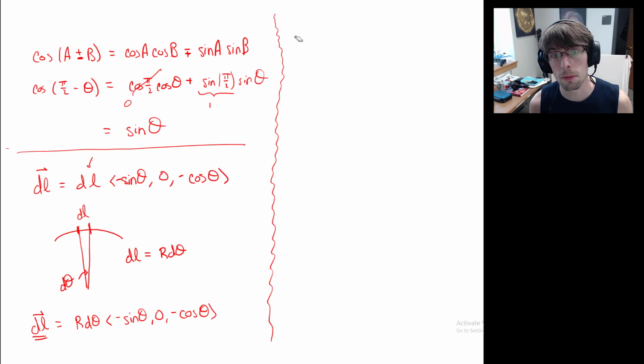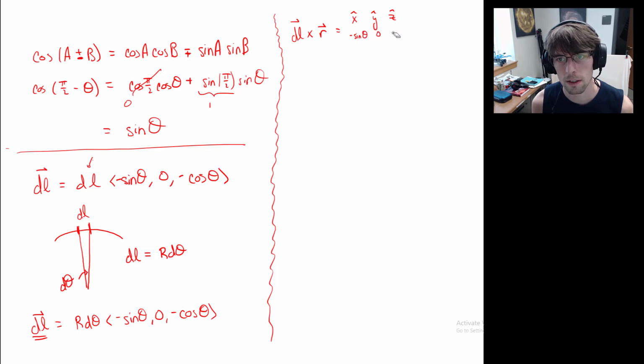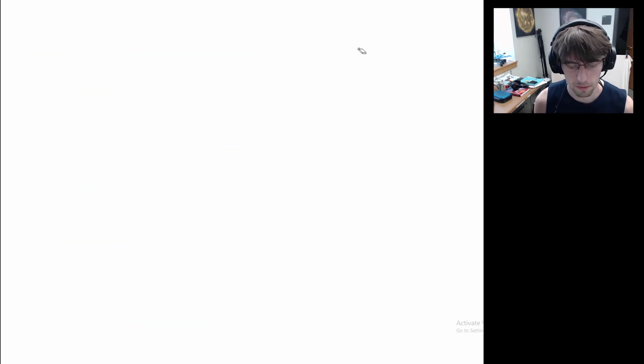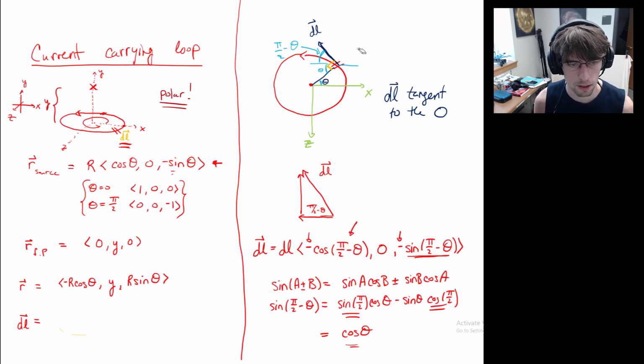Well, shoot, now we should probably do something like DL cross R. Let's go ahead and do that. Okay. And sine theta, 0, negative cosine of theta. You've probably got it. You're way ahead of me here.